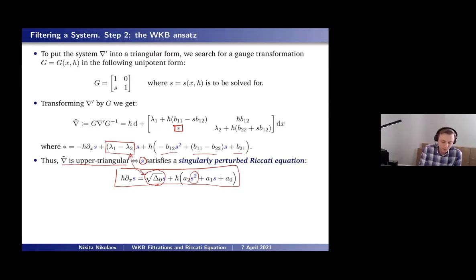And then, of course, very importantly, this is a singularly perturbed system because the derivative is multiplied by my parameter h bar. And so somehow I've reduced my problem of putting my connection, my system nabla, into a triangular form to solving this first order nonlinear differential equation.